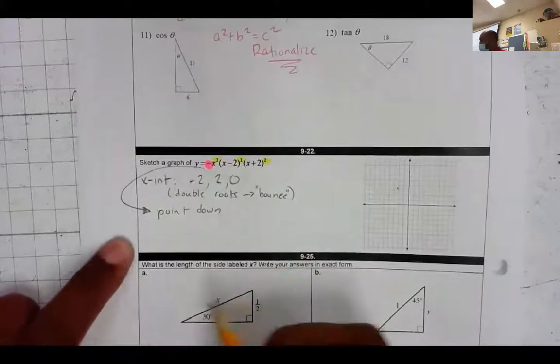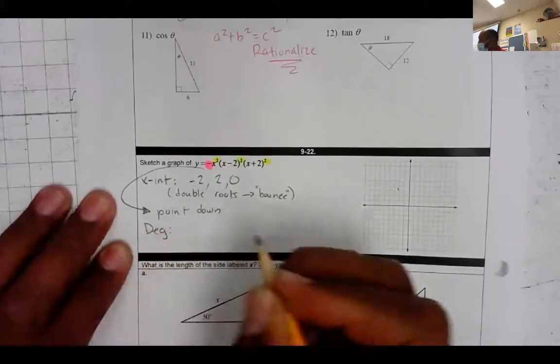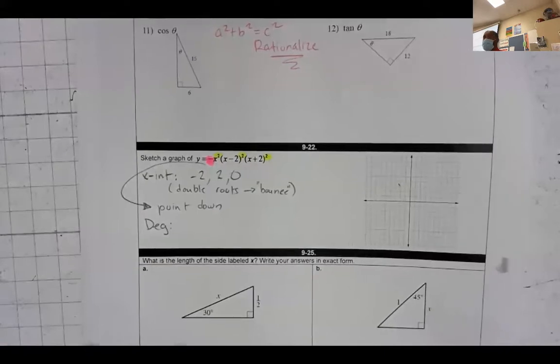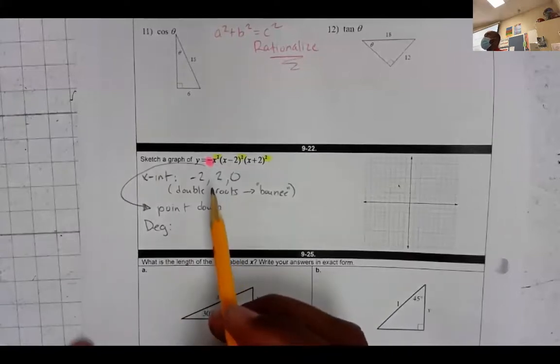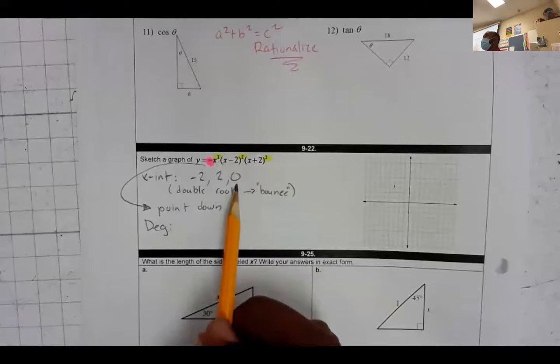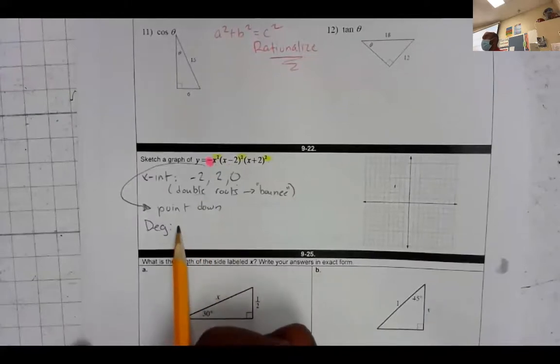Okay. Next question I have for you is, what is the degree of the function? No. I've got 3 roots, but they're all what kinds of roots? They're all double. So that means how many for the degree?